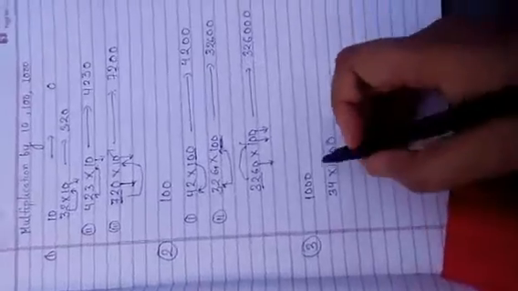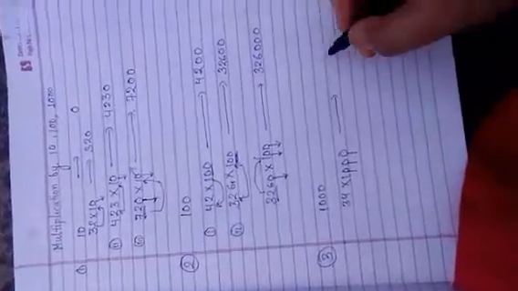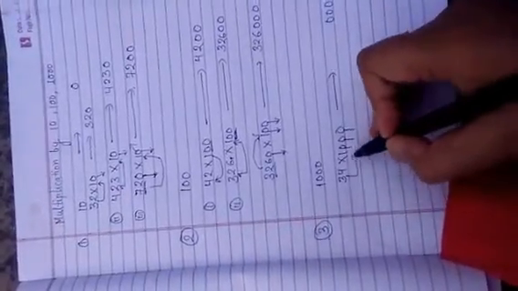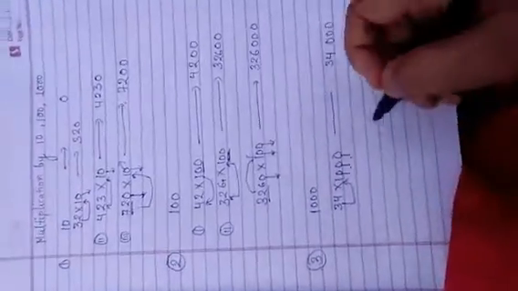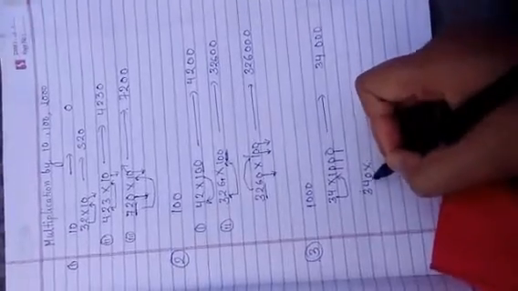How many zeros are here? 1, 2, 3. Then 1, 2, 3 in the product, and 34 multiplied by 1 gives 34. Understand, students? Similarly, with a little change, suppose there is a 0 here, 10 multiplied by 1000.